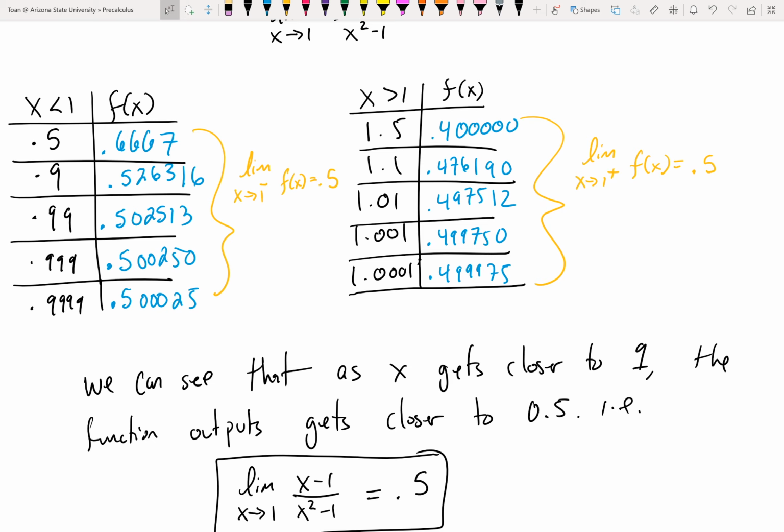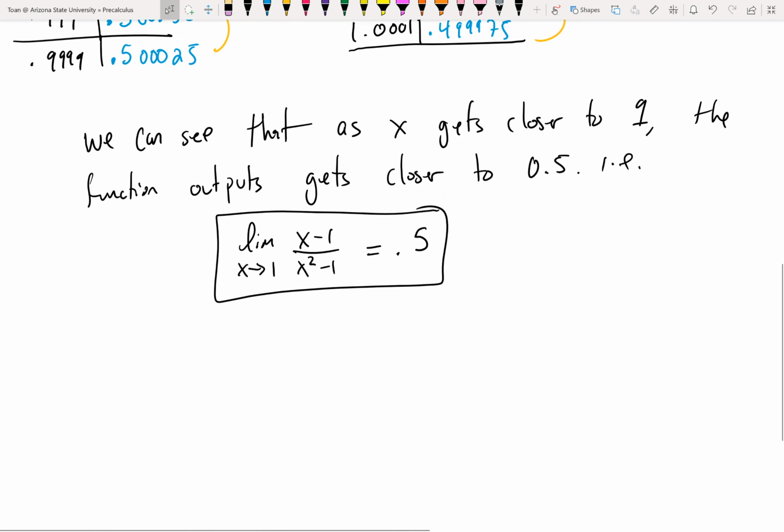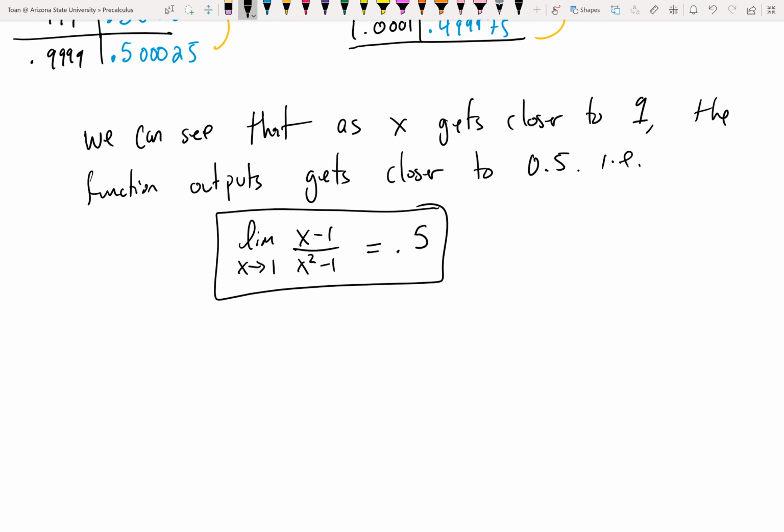They both confirm that whether you go from the left or from the right, you get the same behavior. The behavior is that the function is approaching 0.5. And that's another important idea when it comes to limits.